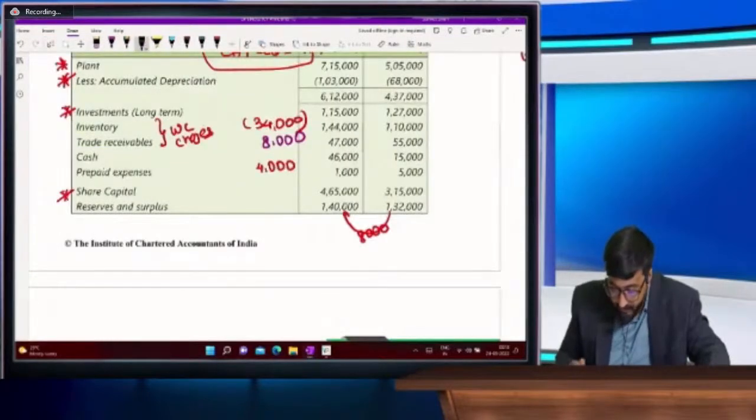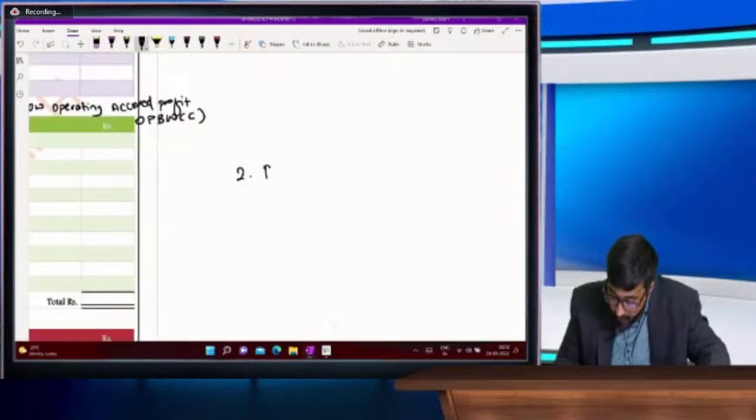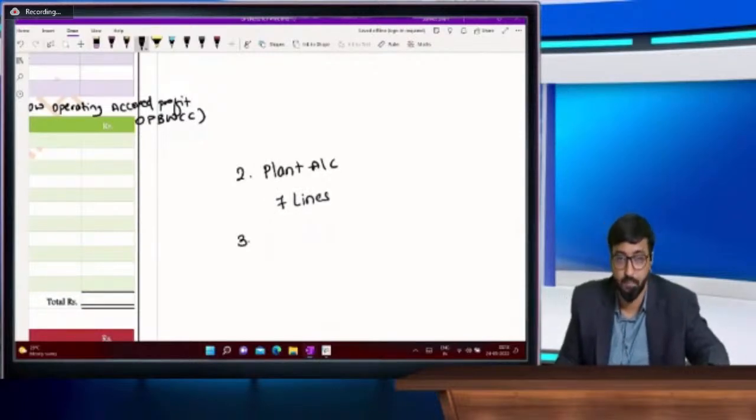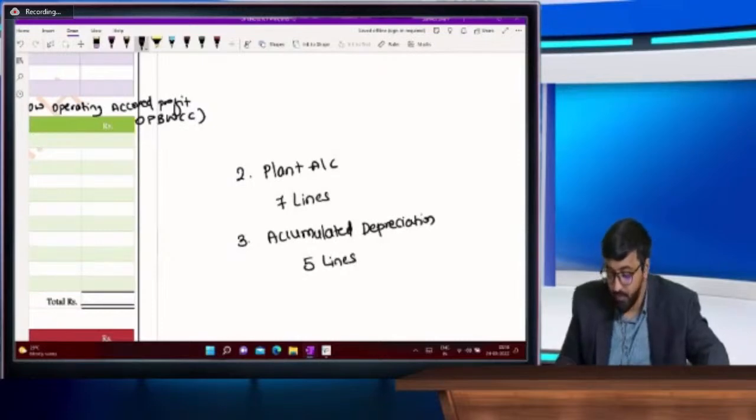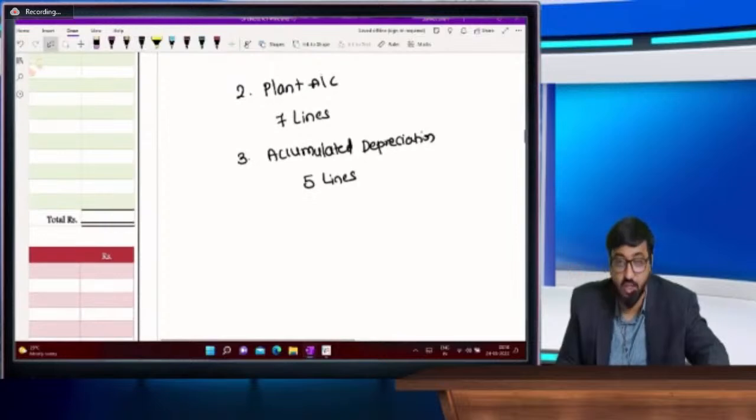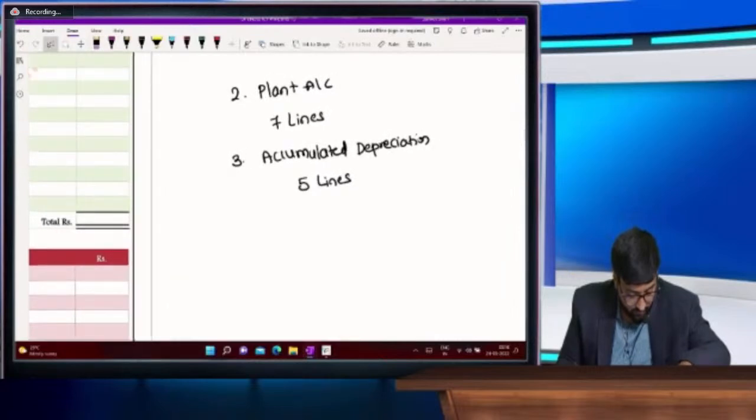In the question, you can see plant account. Plant account, open for 7 lines. After that, accumulated depreciation account, 5 lines. Open for 5 lines, skip 5 lines. Very good, Neha Verma ji.